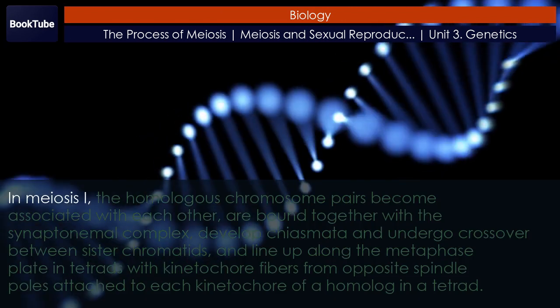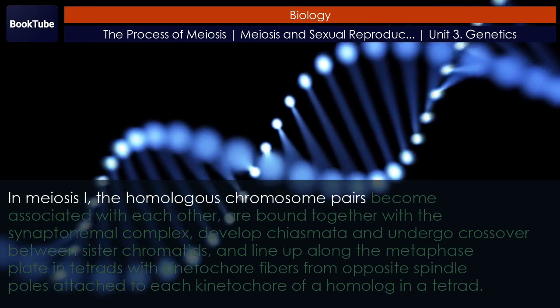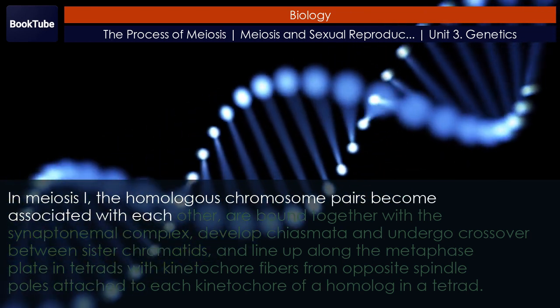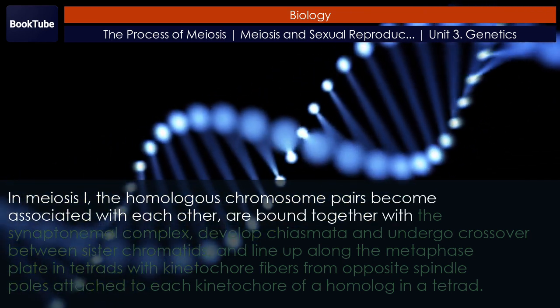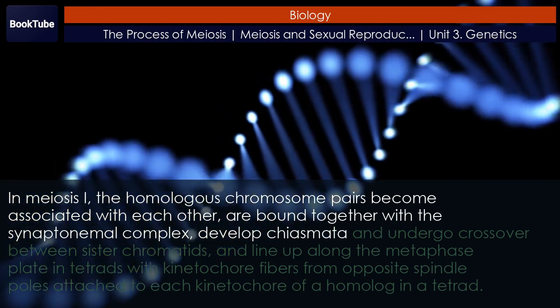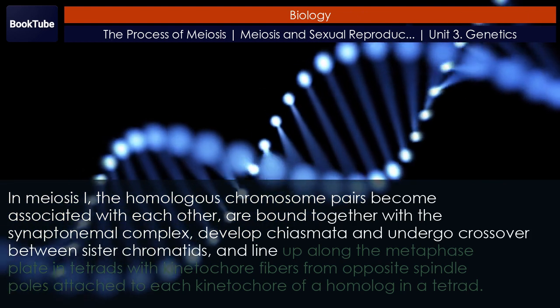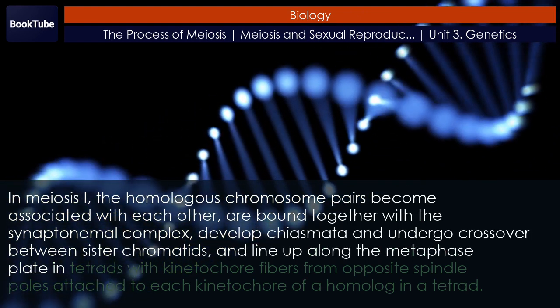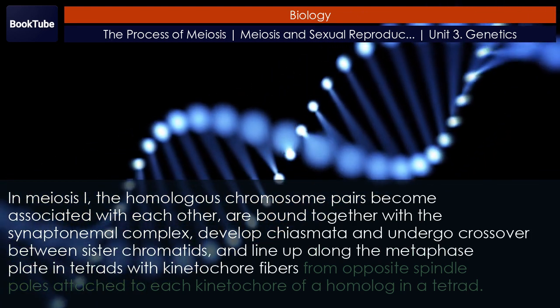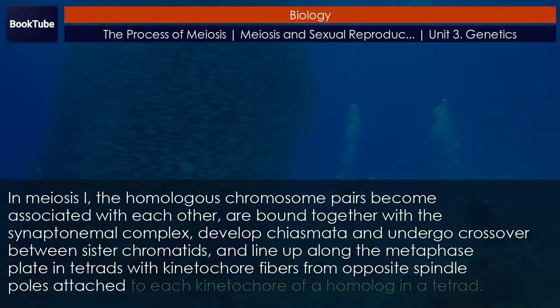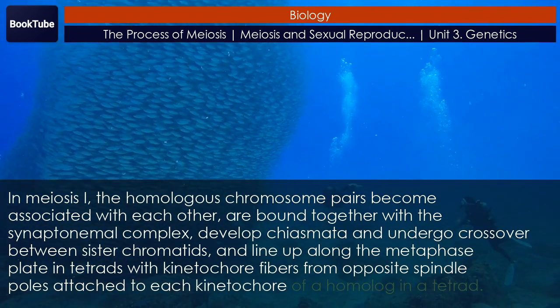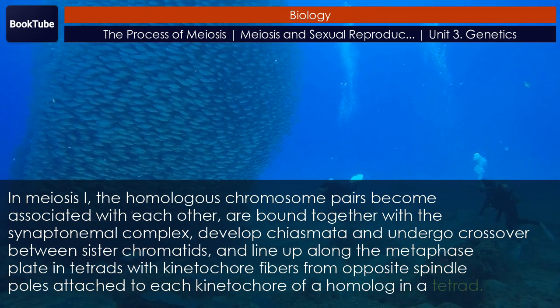In meiosis I, the homologous chromosome pairs become associated with each other, are bound together with the synaptonemal complex, develop chiasmata and undergo crossover between sister chromatids, and line up along the metaphase plate in tetrads with kinetochore fibers from opposite spindle poles attached to each kinetochore of a homolog in a tetrad.